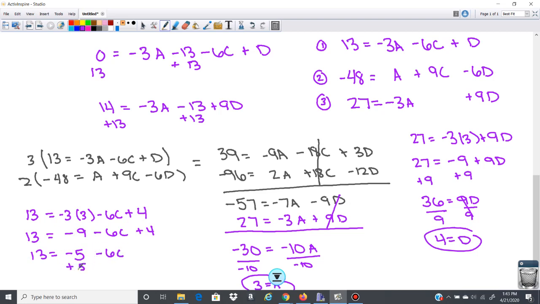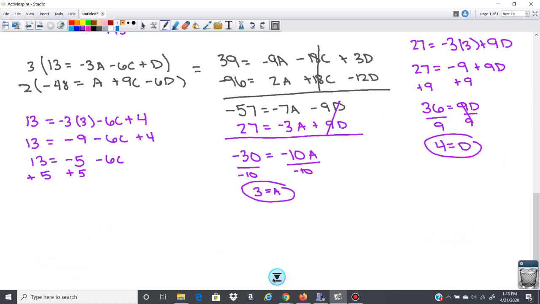Add the 5 to both sides. We're going to get 18 equals negative 6c. Divide by negative 6. We are getting negative 3 for c. All right, so we've got a, c, and d. We already found b. Remember, b was negative 13.